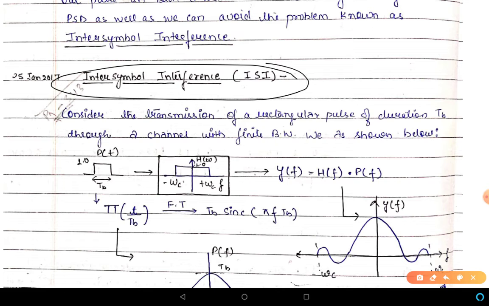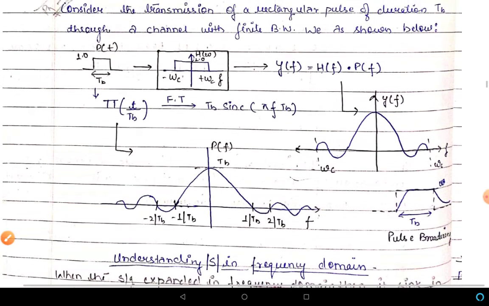So the question arises, what is the reason for ISI? The main reason for ISI is that our channel is band limited and the signal is band unlimited.